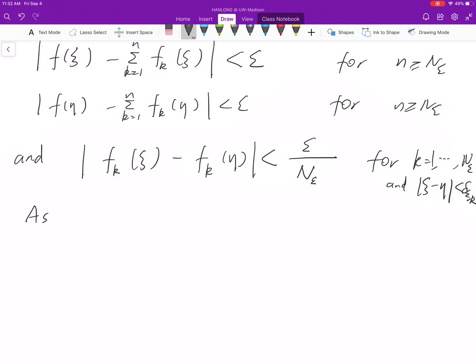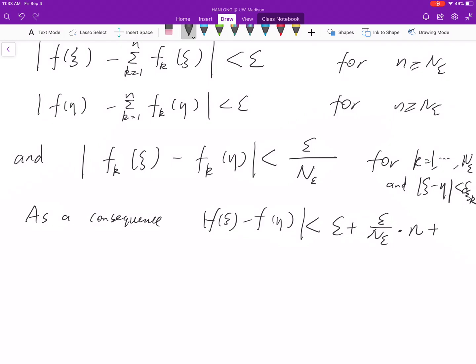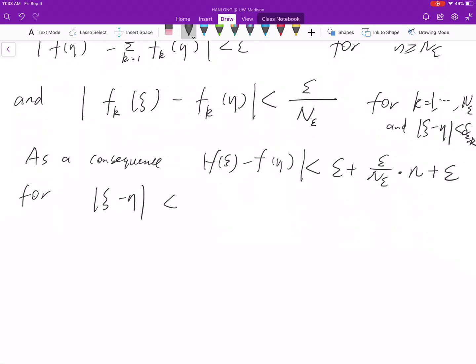That is, as a consequence, we have |f(ξ) minus f(η)| less than epsilon plus epsilon divided by N epsilon times n plus epsilon for ξ and η close enough.